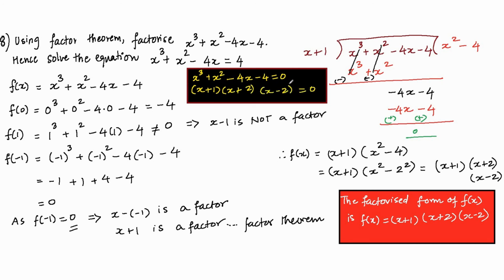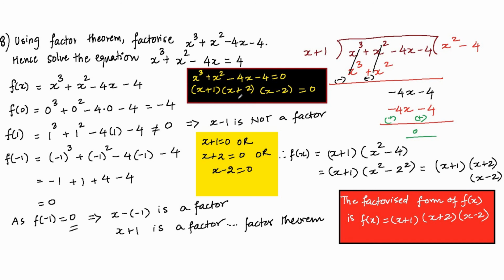Now because the product of the 3 terms is 0, one of them has to be 0, which means either x plus 1 should be 0, right? So the 3 options that I have are either x plus 1 should be 0, let's note that down here. So either x plus 1 is 0, or I have x plus 2 is 0, or I have x minus 2 is 0.